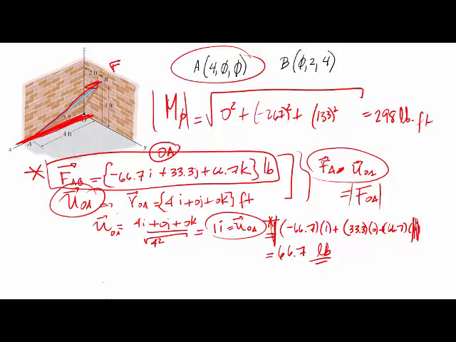Okay? The absolute value, yeah. Now, the reason why it's negative is because it goes in the opposite direction. I said from 0 to A, but the vector goes from A to B, right? So the projection is opposite, but the magnitude is 66.7. Okay? I'm going to leave it at that. So just the absolute value.